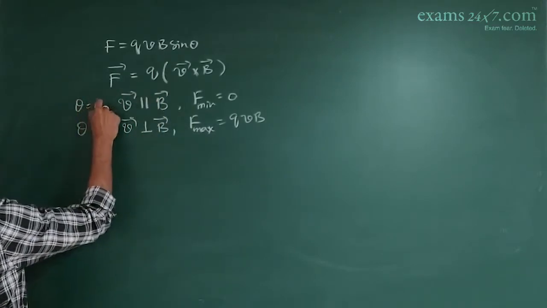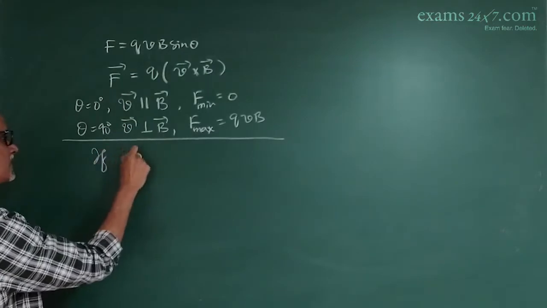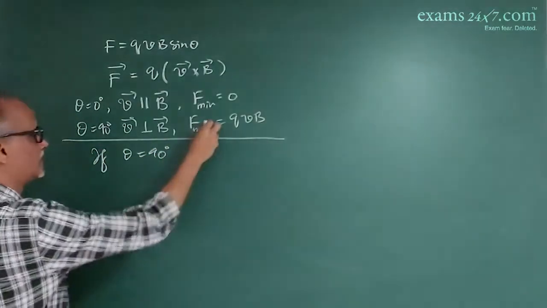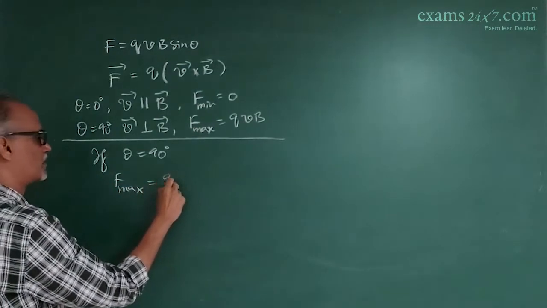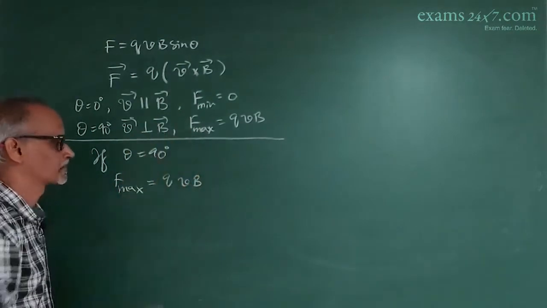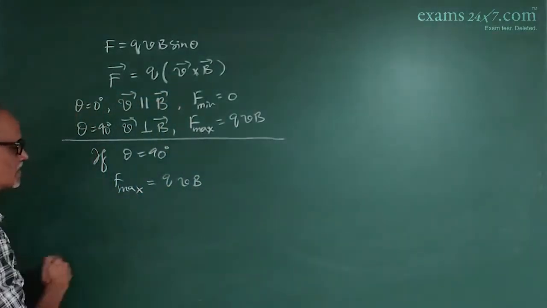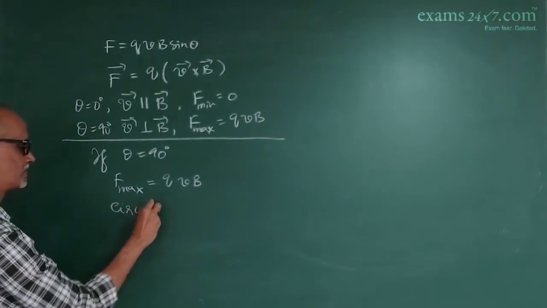Theta is 0 degrees. So if theta is 90 degrees, then definitely the force is maximum, which is given by Q V B. And due to this force, the particle describes a circular path.